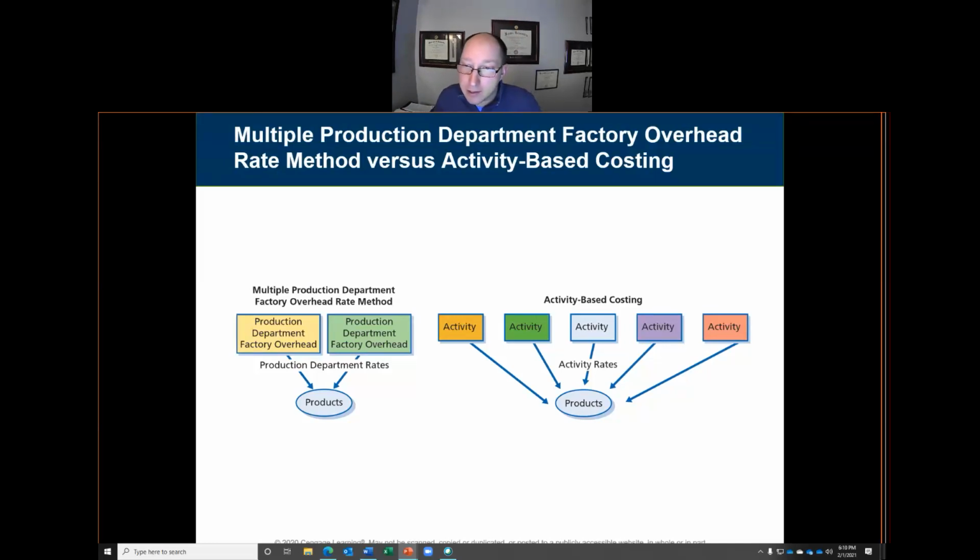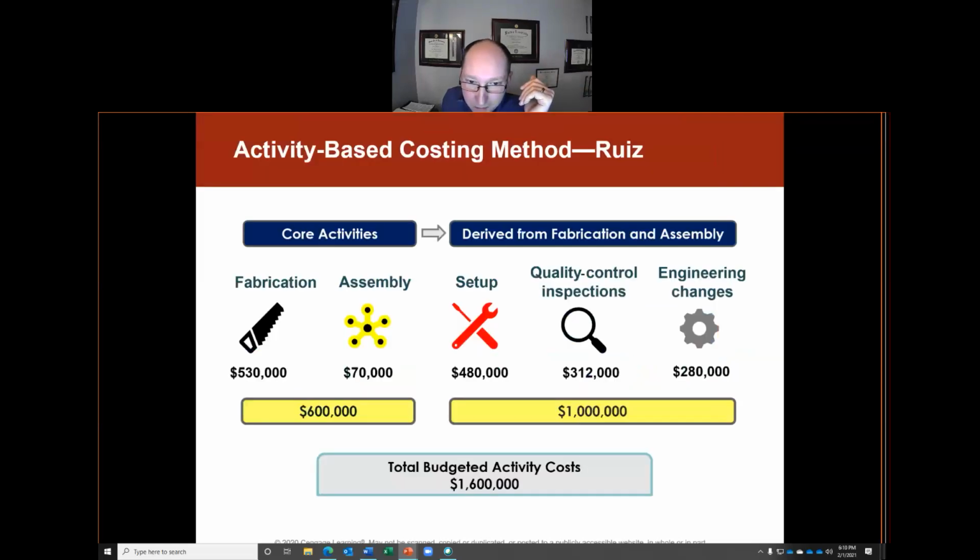These are activities. So different activities have different activity rates. It's the same idea, right? It's just we're getting more granular. We're getting more focused. That's what activity-based costing is all about. And we add up all of these different activities and their activity rates to get to the product cost, plus, obviously, your direct labor and your direct materials.